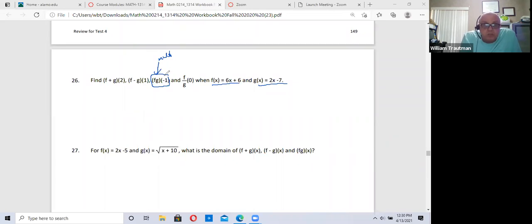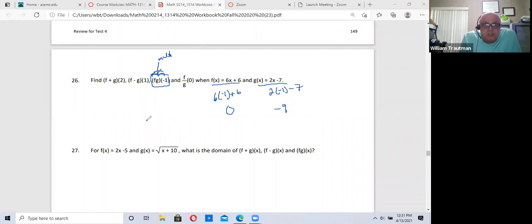But first, we're going to put -1 in each of those functions. So this function, we're going to put -1 in there. And this function, we're going to put -1 in there. 6 times -1 is -6 plus 6. I get 0 for this function. And for g, I get -2 minus 7 is -9.